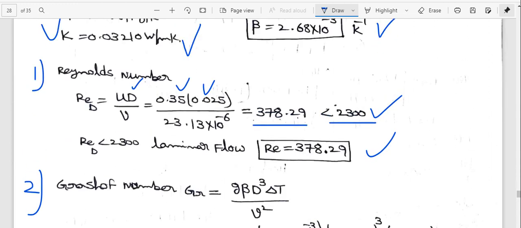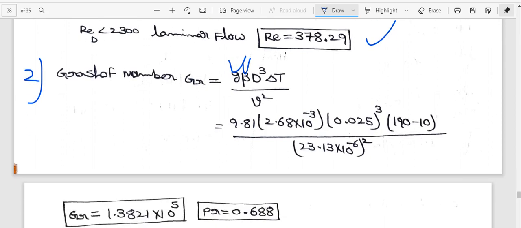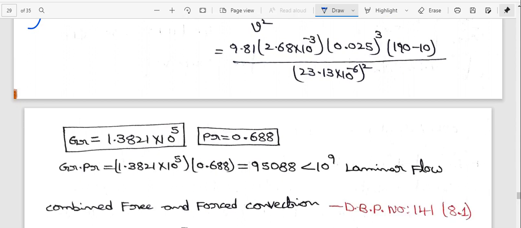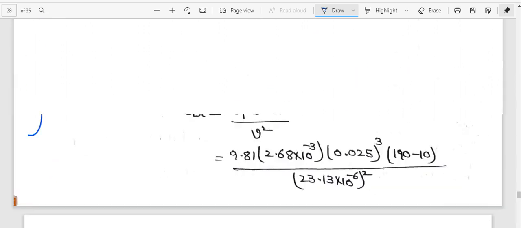Now this is the forced convection, and this is the free convection. Gr is equal to g beta delta T D cubed by V square. We can substitute all these values for the Grashof number. Then we multiply the Grashof number and Prandtl number, Gr into Pr. This is also less than 10 power 9, that means laminar flow.